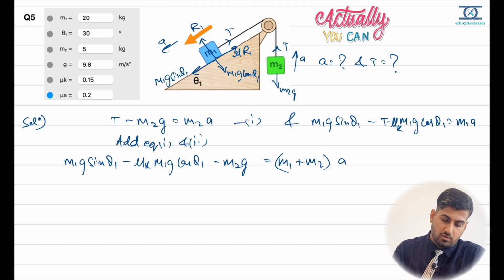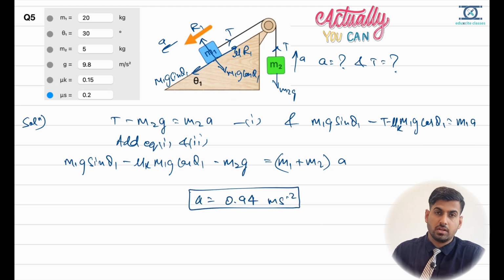Now you have all the values, right? You can just put in the values as per the given question. You will find the acceleration to be around 0.94 meter per second square. I am not doing the calculation here. You can pause the video and do the calculation to find the answer.